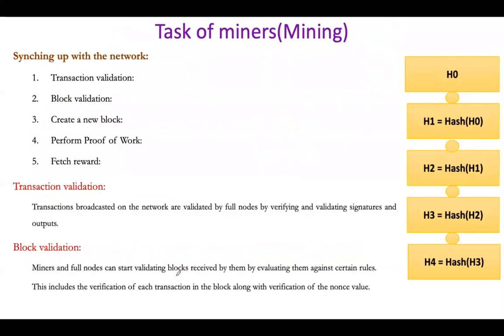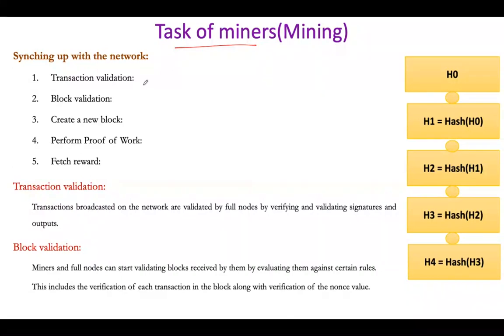So what are the basic tasks of these miners? Once a node connects to the Bitcoin network, there are several tasks that a Bitcoin miner performs. One is synchronizing with the network.